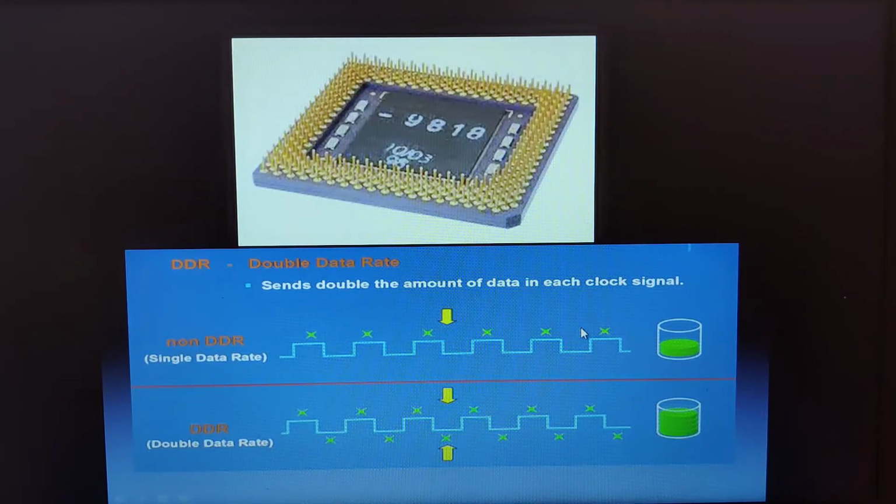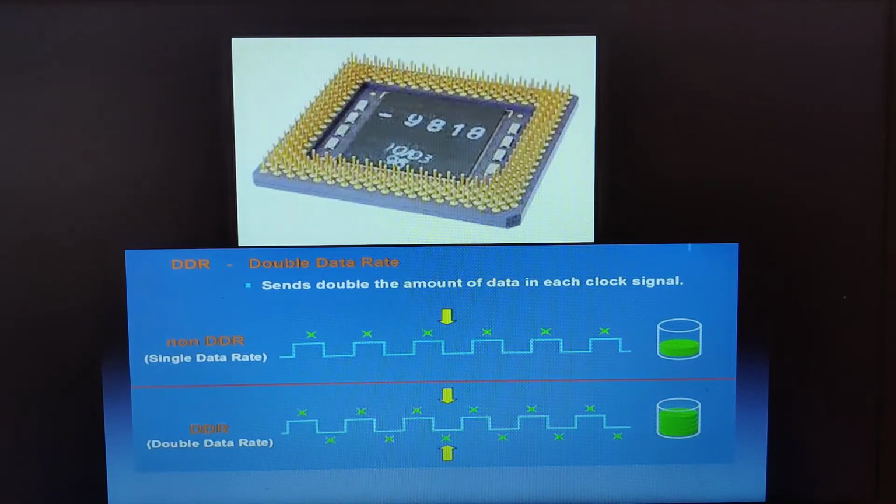If 32 bits per clock signal are transferred by the non-DDR, then 64 bits will be transferred by the double data rate random access memory. Therefore double data rate random access memory is considered the fastest random access memory for transferring data between the memory and the CPU.